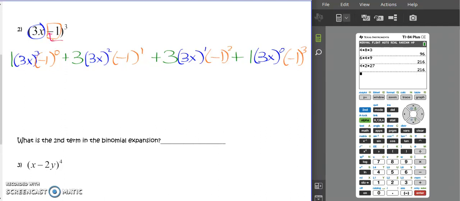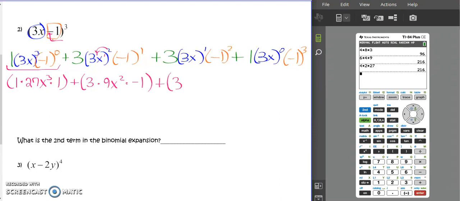Make sure you included that in each of your pieces. So I'm going to take this piece. I have 1 times 27x to the third times 1. Anything to the 0 power is 1. Plus 3 times 9x squared.